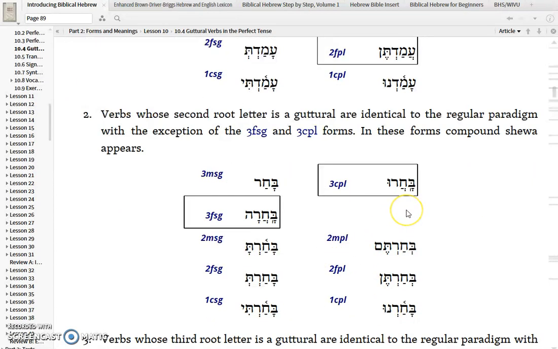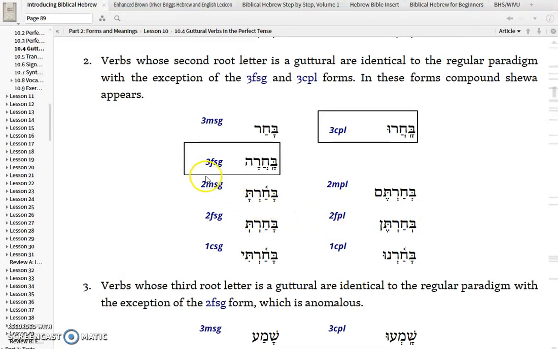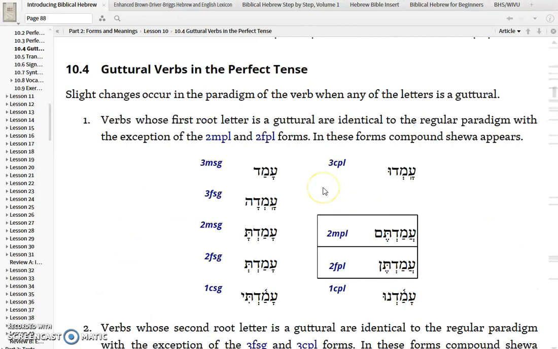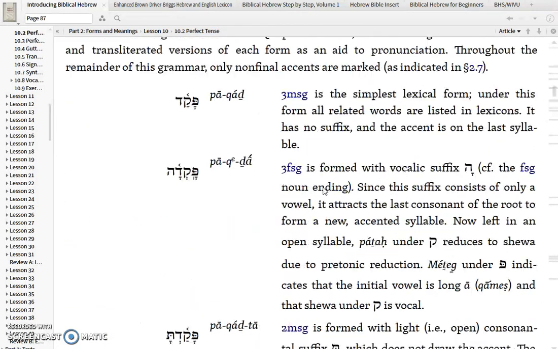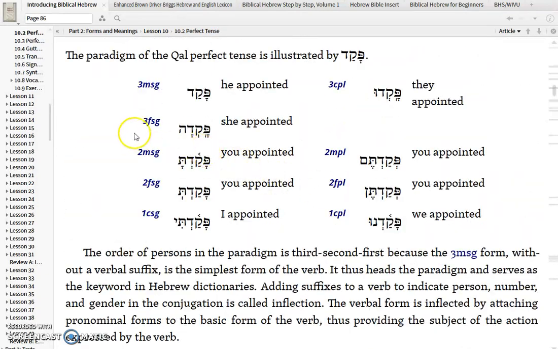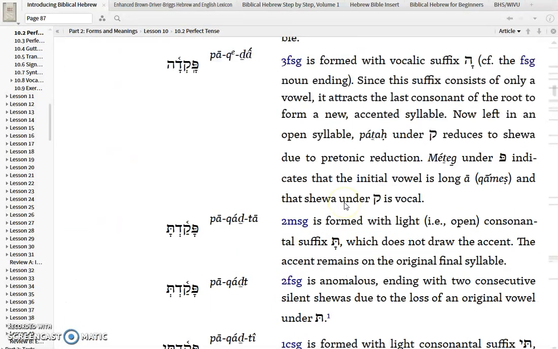Verbs with a second consonant that's a guttural also have a problem, because in the third feminine singular and in the third common plural, you're trying to put a shewa under the second consonant. Again, if you go back to the paradigm here, in the third person feminine singular, you have a shewa under the middle consonant, she appointed, but then you also get a shewa under the third common plural, under the second consonant of the root.